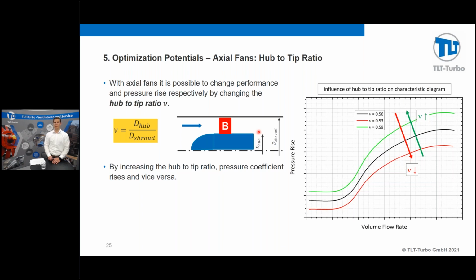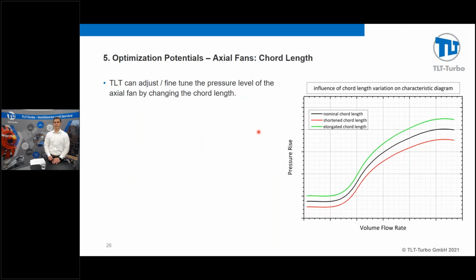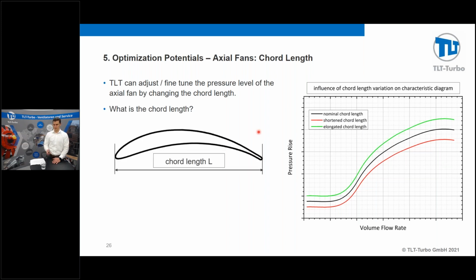Another parameter which can be optimized is, of course, the chord length of a plate. So what is the chord length? If you now have a section through the plate, that should be shown on this graph here, on this picture.